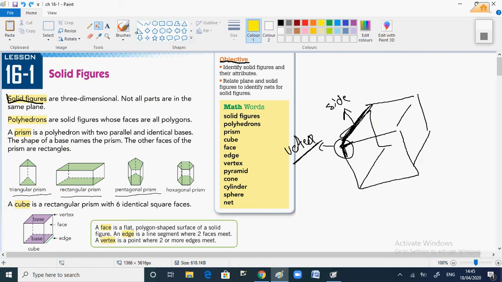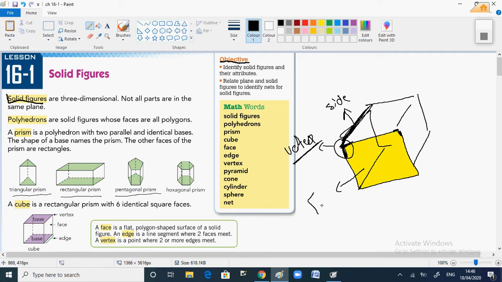For example, this is called a face, because it's open here. Let me recolor it again. So this is called a face. The blue one is called what? Face.